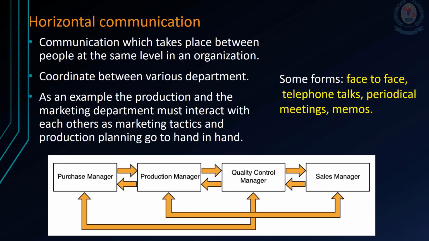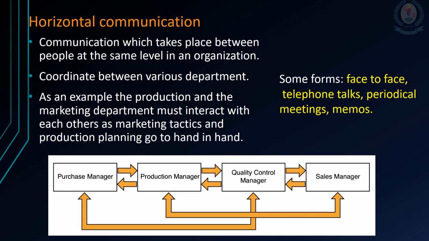Right, we will see now what horizontal communication is, the third direction of communication. Simply, it is communication which takes place between people at the same level in an organization, or else transmission of information between people, divisions, departments or units within the same level. You can see here, according to the picture, the purchase manager, production manager, quality control manager and sales manager.